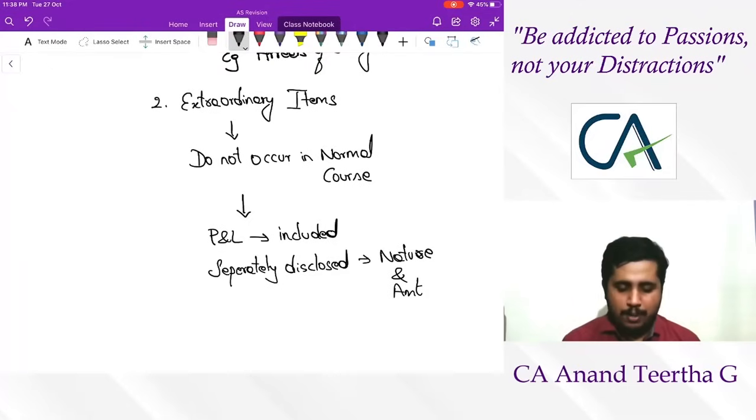Now if I have to give you certain examples, I think I've already told you this when the first group was discussed: under AS 12, if there is a refund of government grant, it's an extraordinary item. Suppose any authority comes and seals your premises, that's an extraordinary item. Suppose a natural calamity takes place, that's an extraordinary item.